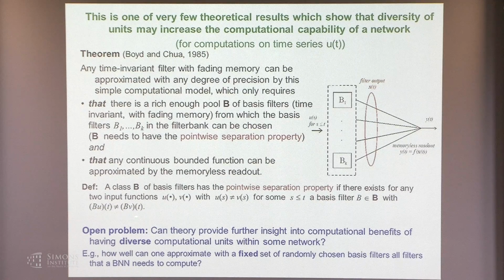And obviously, if you wouldn't have this property, this couldn't give different outputs for u and v, right? Because this is a bottleneck for the information about the input time series going to the output. And it turns out that this pointwise separation property gives you a sufficient property for all this temporal computation.